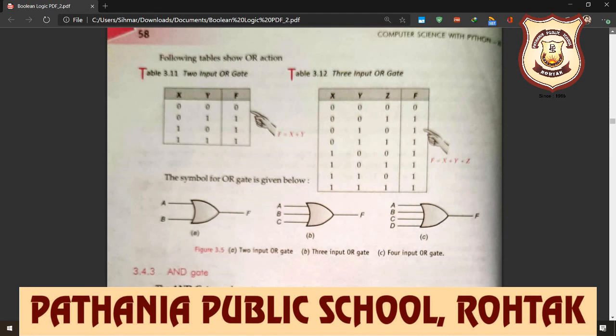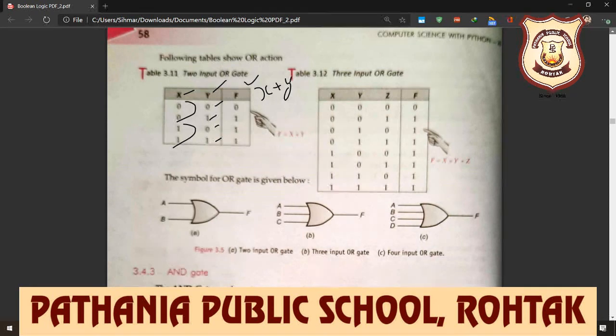So here is the two-variable OR gate truth table. x and y, two variables are there, so first write two 0s, then two 1s, then 0 1 0 1. In the OR gate, the x plus y operator works here.